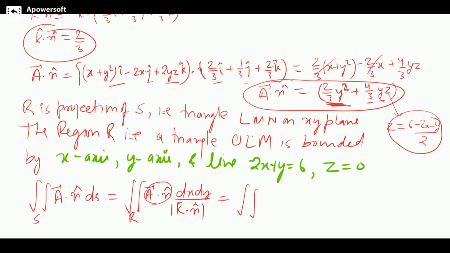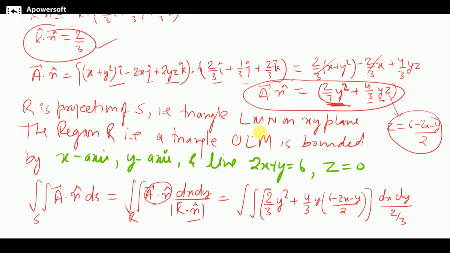So we put here, that is 2 upon 3 y square, 4 by 3 y, and we write 6 minus 2x minus y upon 2, dx dy, and k dot n we get 2 by 3.